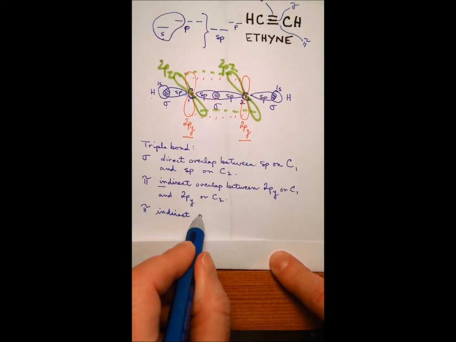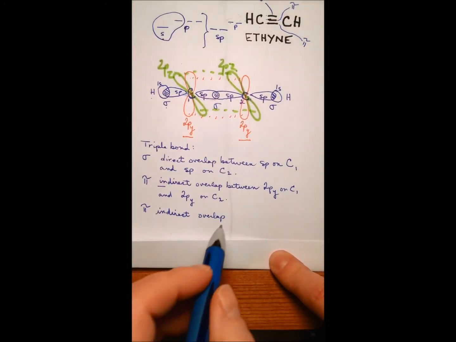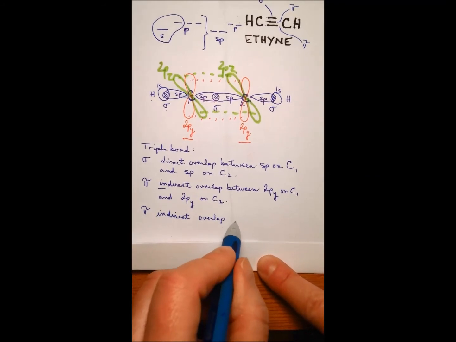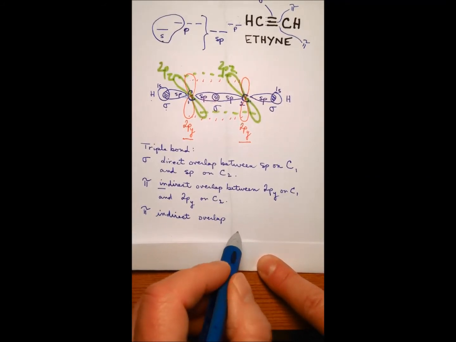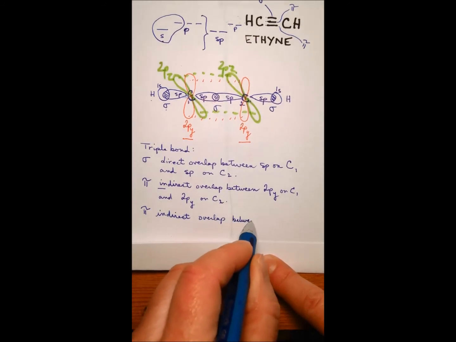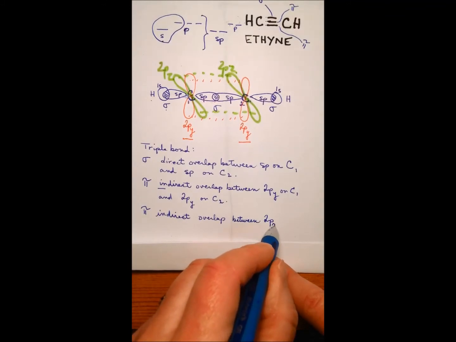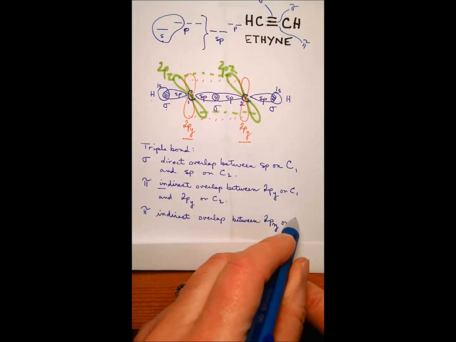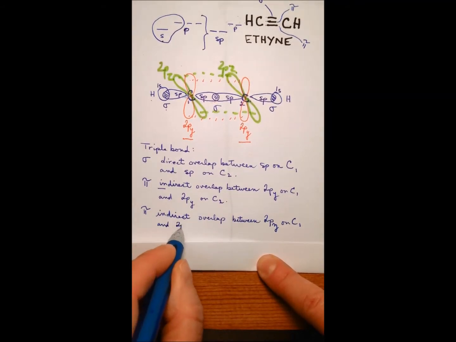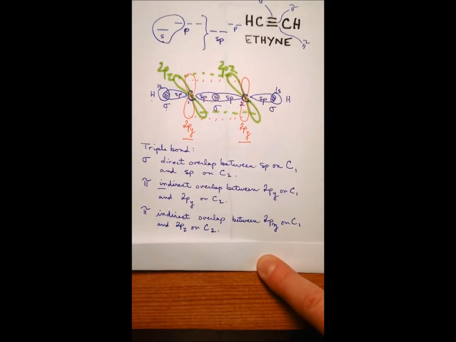So indirect overlap. I'm writing around the camera here, so my writing is not very neat, because I'm holding the pen awkwardly. Pi is an indirect overlap between, again a 2, but this time pz on carbon number 1 and a 2pz on carbon number 2.